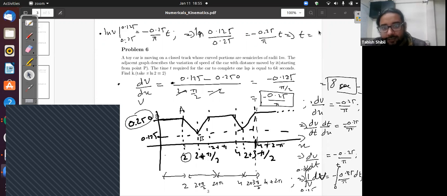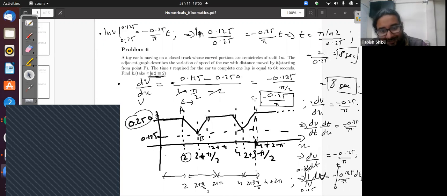This implies t is equal to pi log 2 divided by 0.25. In the question, you're given pi log 2 to essentially be 2, so let's just put it as 2. So 2 divided by 0.25, so it's another 8 seconds. It takes another 8 seconds to reach from A to B.